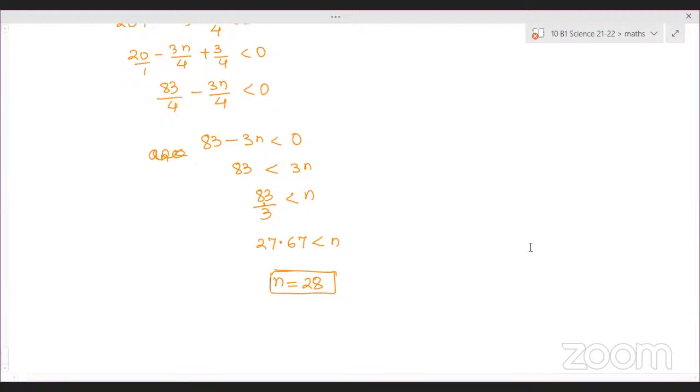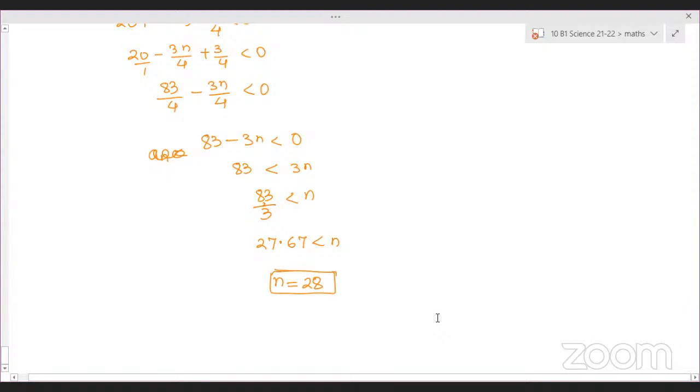Ma'am, if 83 by 4 minus 3n by 4 is smaller than 0 and you take minus 3n by 4 to the RHS, the sign won't change. The inequality sign I'm not changing. You can't change it.